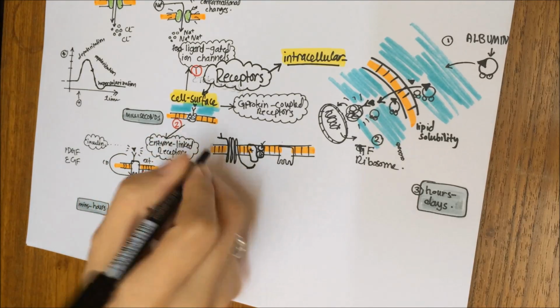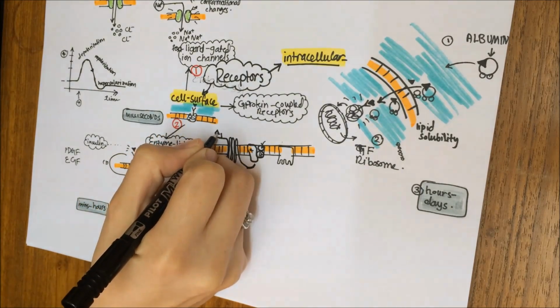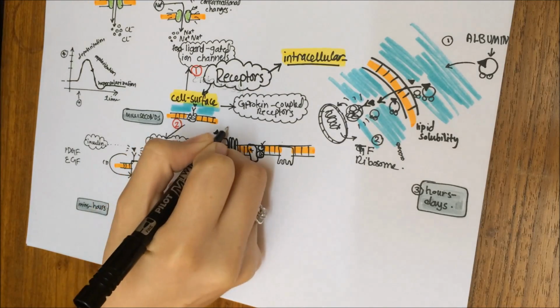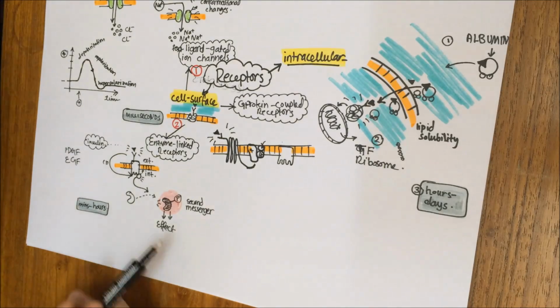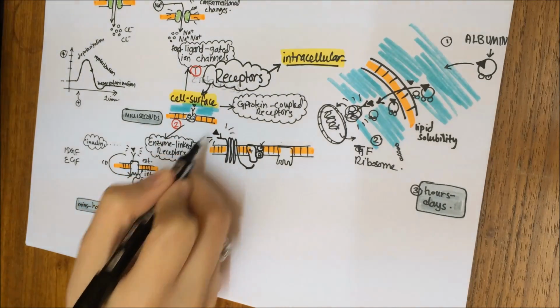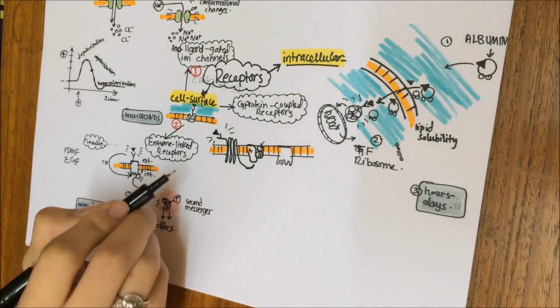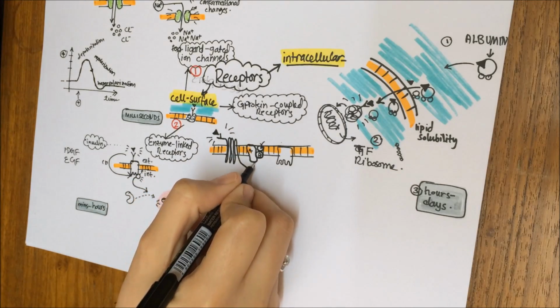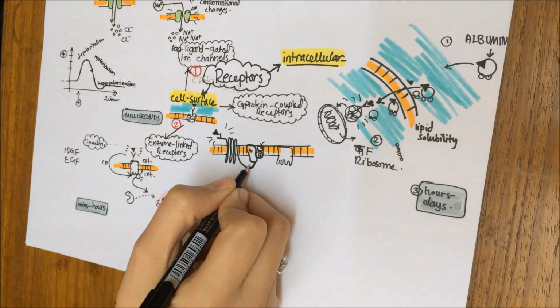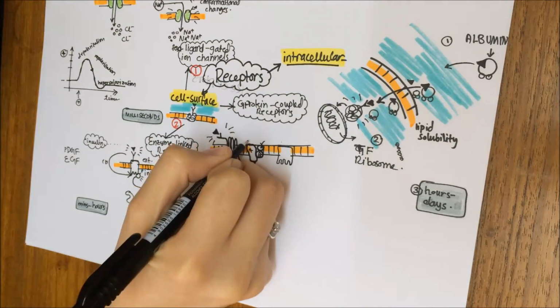Now, for example, this G protein coupled receptor is connected to its ligand, so this ligand is stabilizing its active state, so it is now active. Now, when it is active, it will come and activate the G protein.